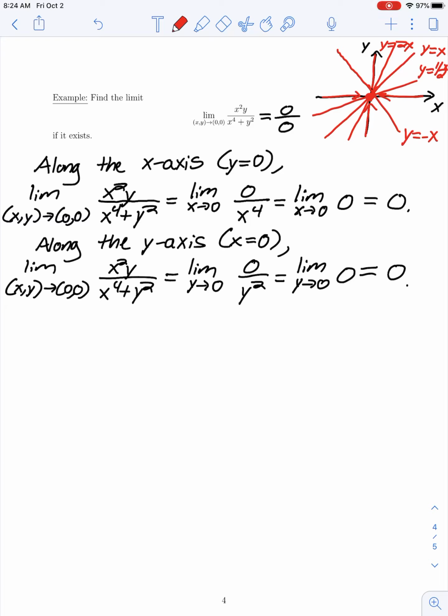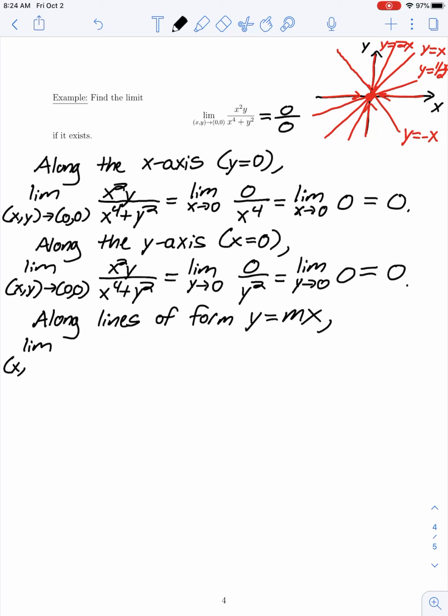So rather than trying to consider each of these lines as their own special case, let's consider all lines that have this form. So let's say along lines of the form y equals mx. So these would be lines of slope m passing through the origin.